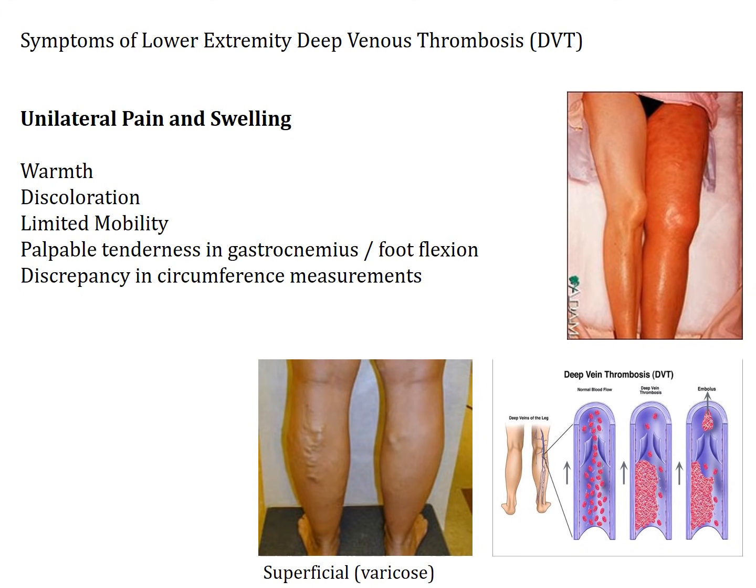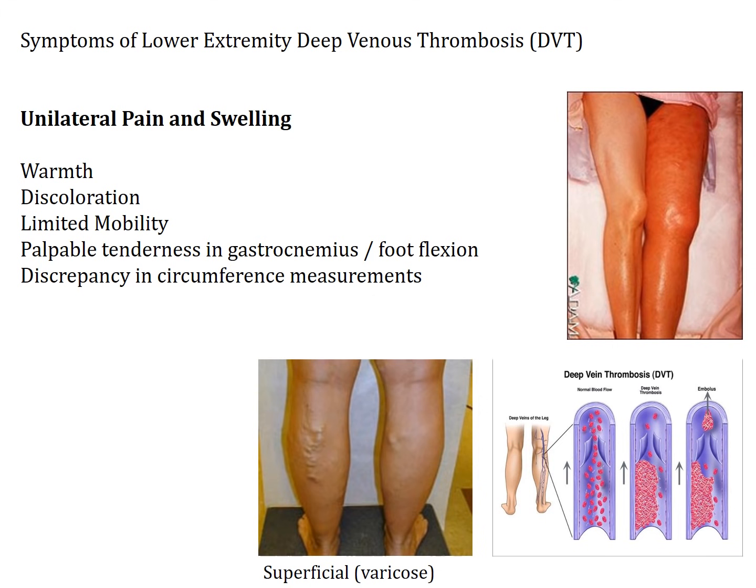Somebody comes in with unilateral leg pain; in the early stages it may not look warm and swollen, but you take out your tape measure and take measurements around the thigh and below the knee, and you find a couple centimeters of discrepancy. I may not have been able to differentiate that just by looking at it, but when I measure it, I see that discrepancy, right?